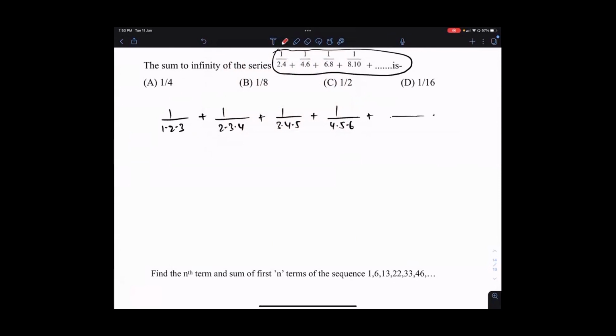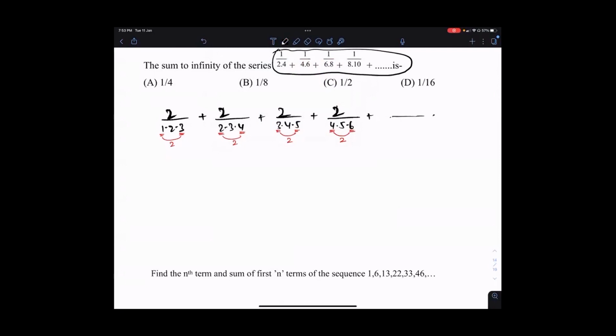Whenever you have this kind of pattern, in each term, look at the first number multiplied in the denominator and the last number multiplied. If you observe, the difference is 2. Always take the difference of the first multiplied term and the last multiplied term. Then that 2 you write in every numerator. So every numerator I'm replacing 1 with 2.